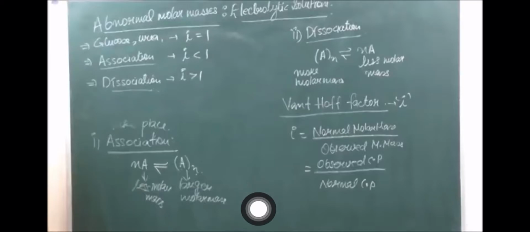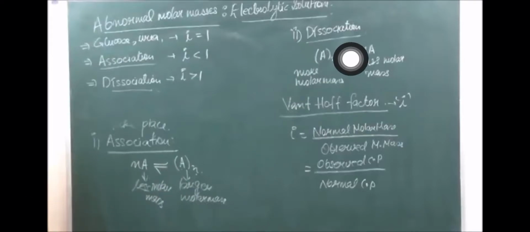When we are taking such a solution, A will form a cluster, right? It will be joining, and how it joins depends upon the number of moles. A is joining N times, because we have taken N. As it is joining, its mass will definitely be more than it actually is.